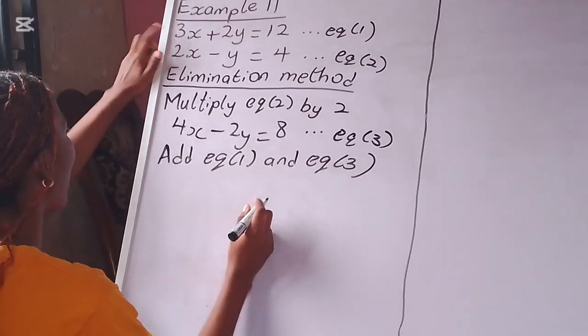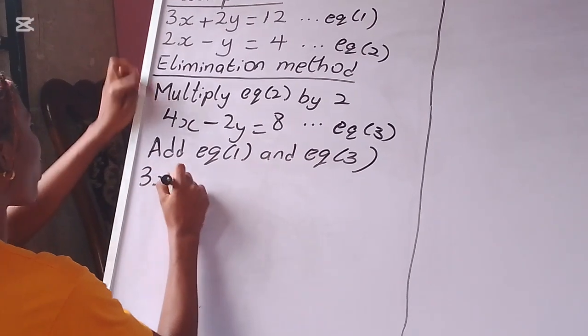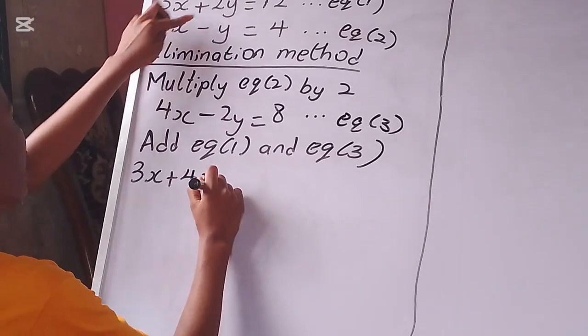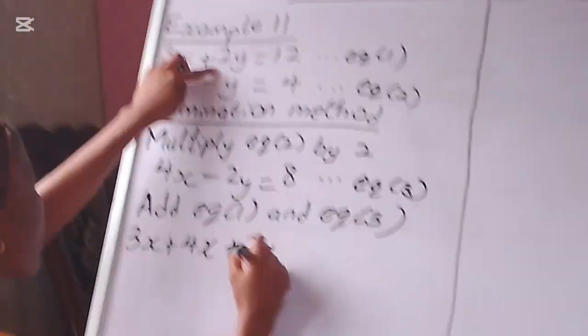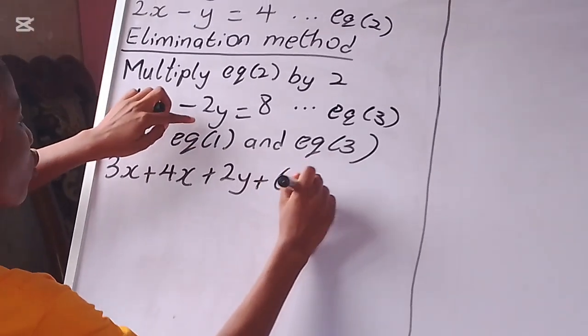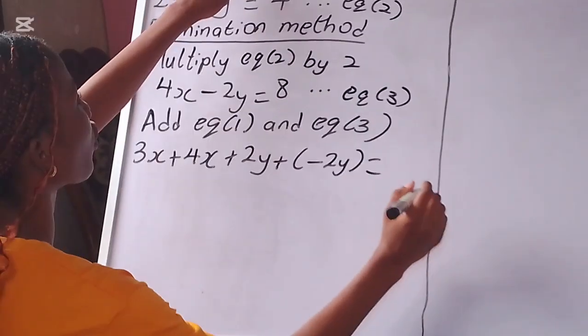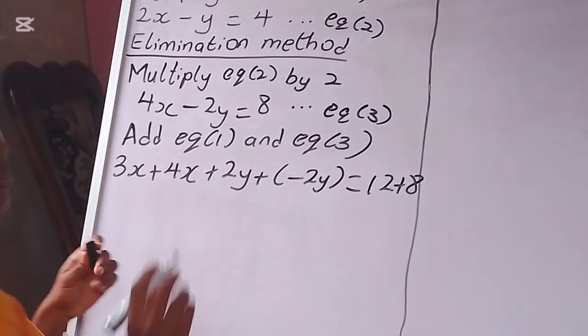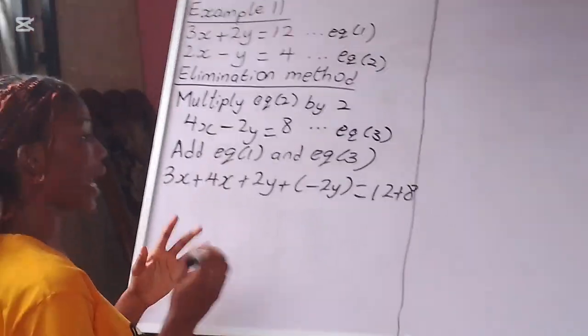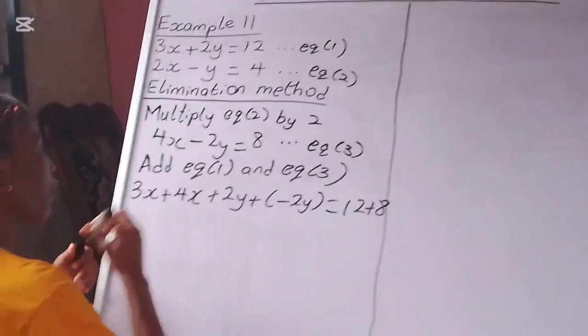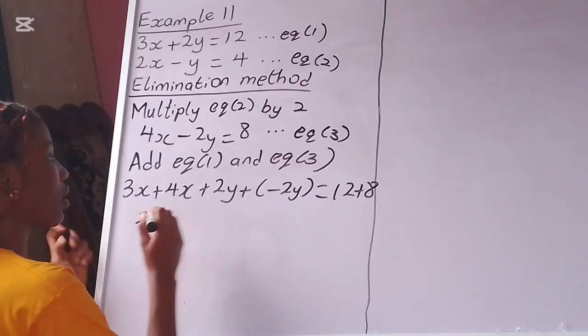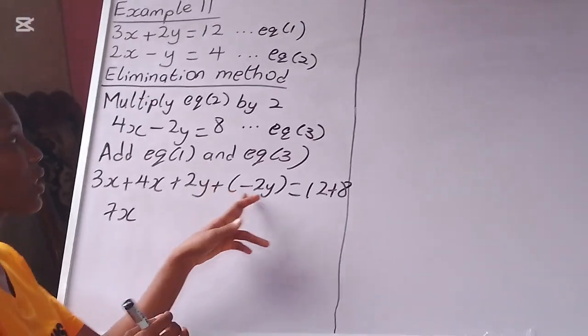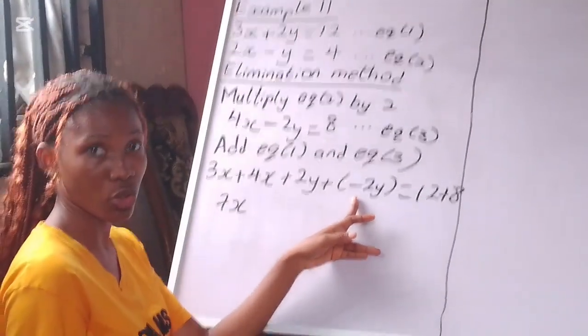So adding them, we'll have 3x plus 4x, then plus 2y plus minus 2y equal to, on the right hand side, 12 plus 8. So if we add everything together, 3x plus 4x is 7x, and plus 2y plus minus is minus.